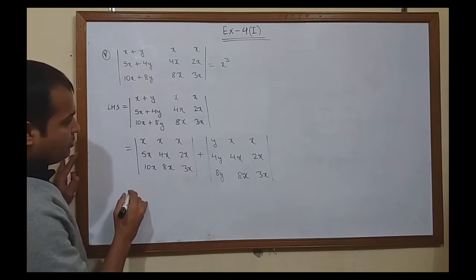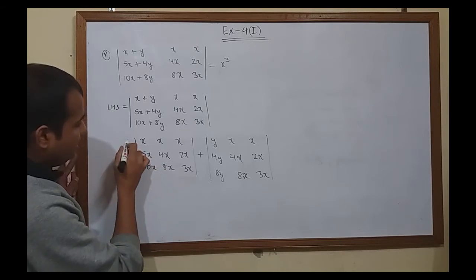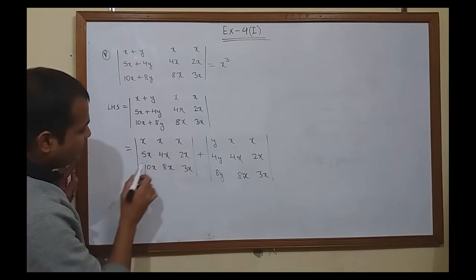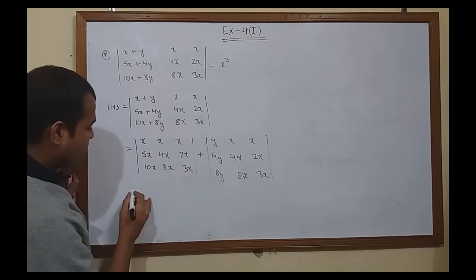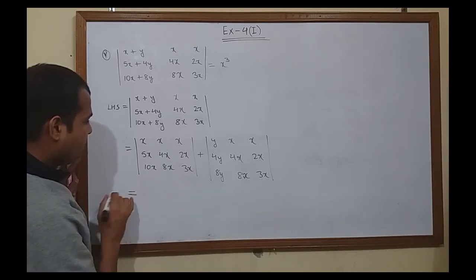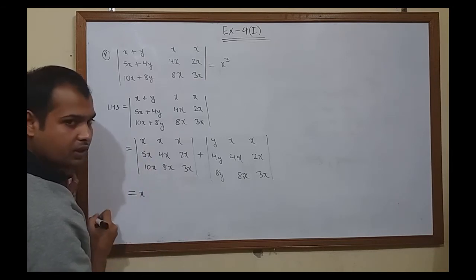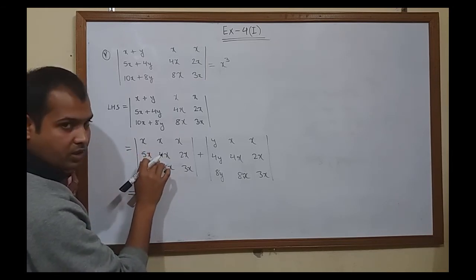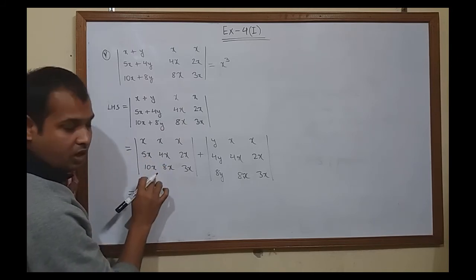Now in the next step you can see that from the first determinant, in the first row x is common, in the second row also x is common, in the third row also x is common. So if we take out x common from the first row, I'll get 1 over here. Then I'll take out from the second, again I'll get x in multiplication, from the third also.